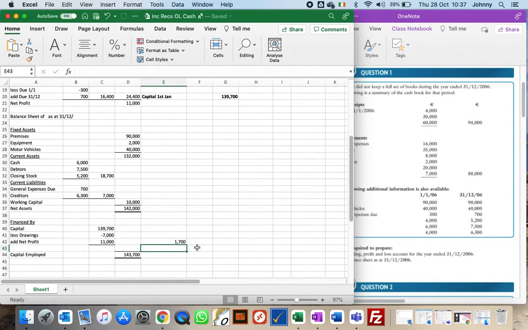So I'm out by 1700, and I'll have a read through the question. Is there anything worth 1700 that I didn't put in? Or maybe I'll put it in as a minus rather than a plus, or vice versa. So maybe 1700 divided by 2 and see, does that feature in the question? If you can't see it straight off, leave it after 1 minute. Don't spend any more time. You don't have time in the exam.